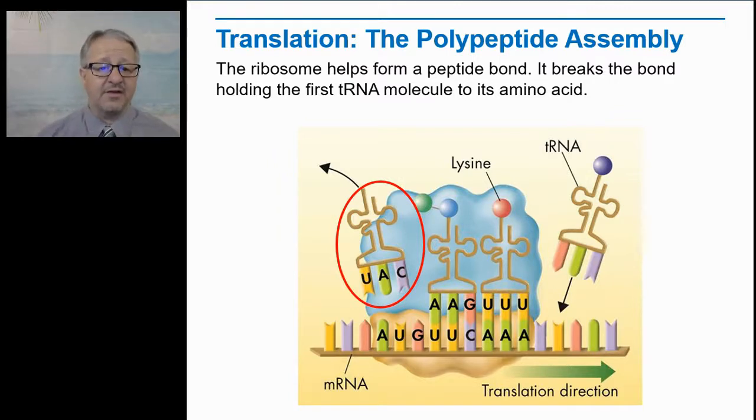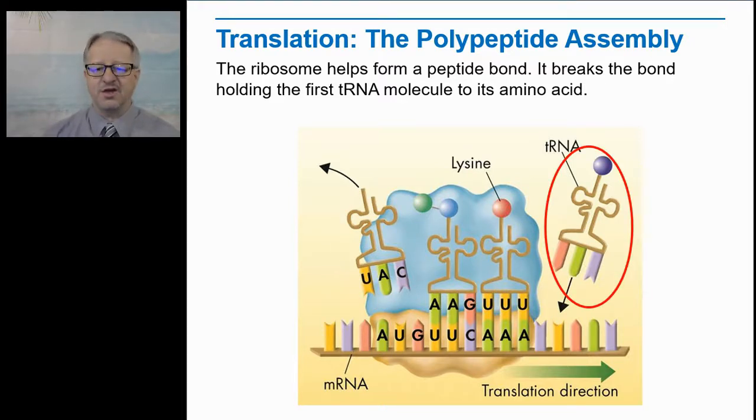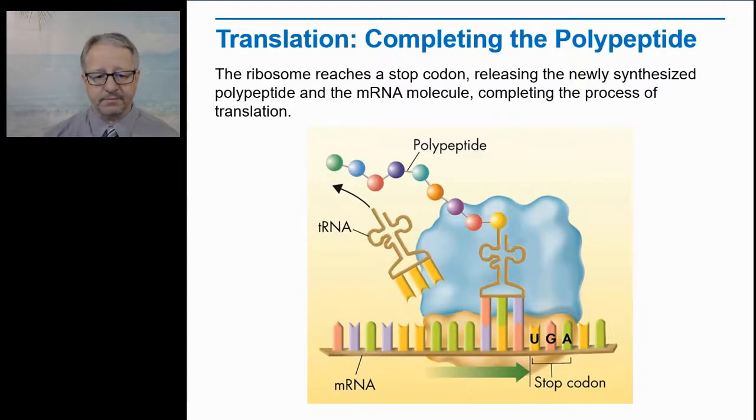Now, they're being released without their amino acid, so they're going to have to go pick up an amino acid, and only certain amino acids will attach to the tRNAs based on the anticodon that tRNA is carrying. Okay, so the ribosome just continues moving along the mRNA molecule from right to left, binding new tRNA molecules and amino acids as it goes.